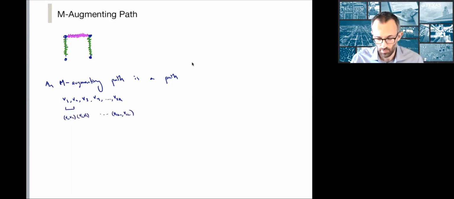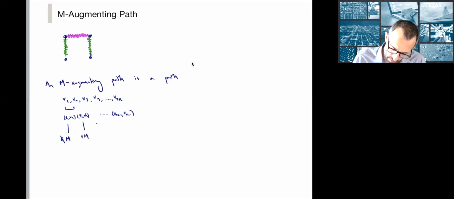As with this example, an augmenting path has an odd number of edges and therefore an even number of vertices, where the first edge is not in M, and the second edge is in M, and we proceed as follows. Because we have an odd number of edges, we're going to end up with an edge that is not in M.